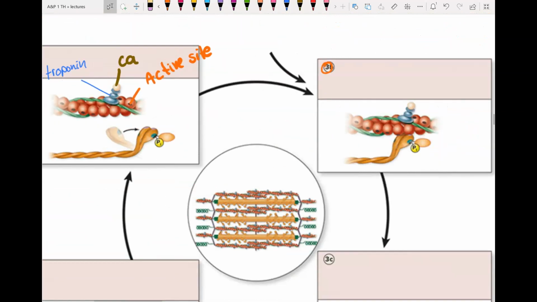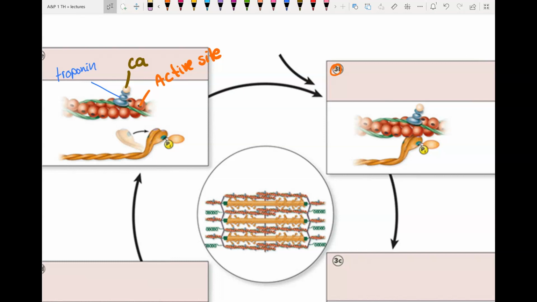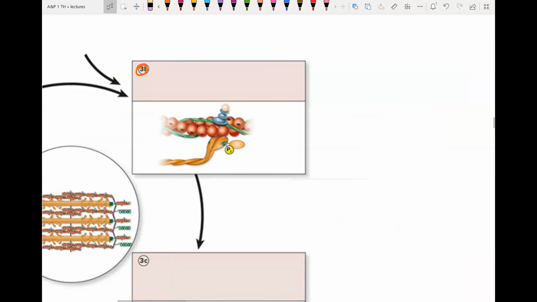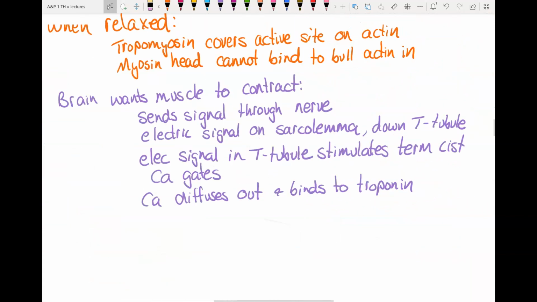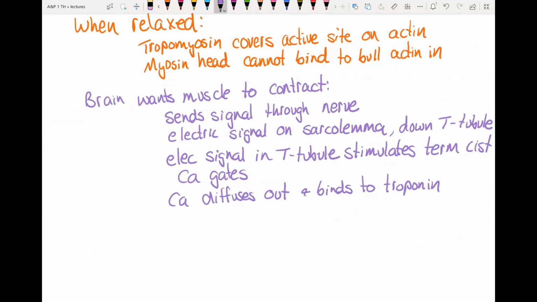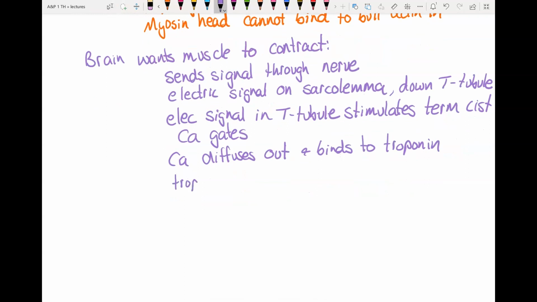So once you have calcium binding to troponin, then the troponin moves the tropomyosin off of the active sites. So that's why in this picture, the active sites are exposed. The tropomyosin has been moved by the troponin because calcium bonded to it. So once calcium binds to troponin, then the troponin moves the tropomyosin. Now that tropomyosin is out of the way, actin's active sites are exposed.